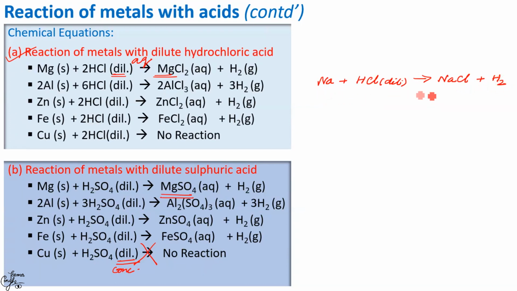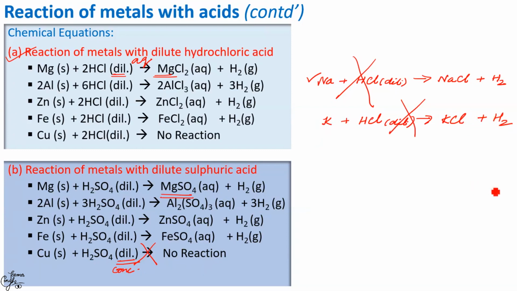This reaction looks very simple, and if somebody asks you to give an example of a metal reacting with dilute hydrochloric acid, it might come as the first reaction to your mind. But just because it looks so simple, do not be tempted to perform it. Same is with potassium. When potassium reacts with hydrochloric acid, you can quickly complete the reaction and say potassium chloride and hydrogen gas will be liberated.